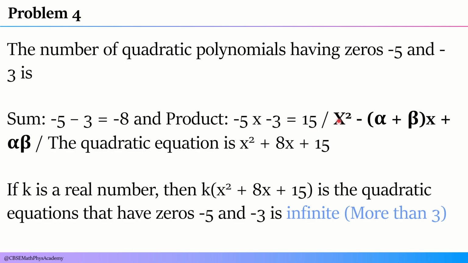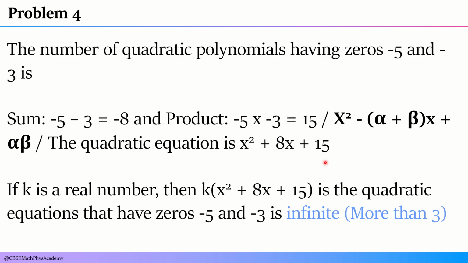The polynomial form is x square minus sum of the zeros into x plus product of the zeros. So the quadratic equation is x square minus of -8, that is, x square plus 8x plus 15.